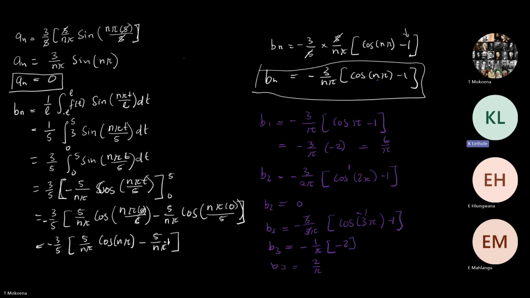For b sub 1 again, I don't understand how you got -2. -3 over pi times -2. Okay, let me check on my calculator. Okay, sorry, what was the question? How did you get -2?